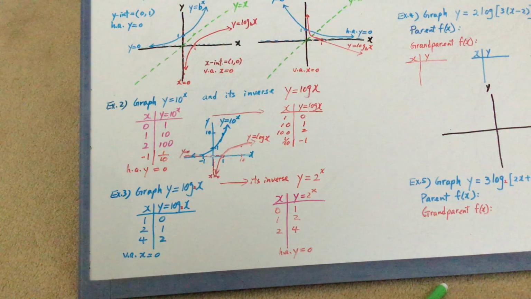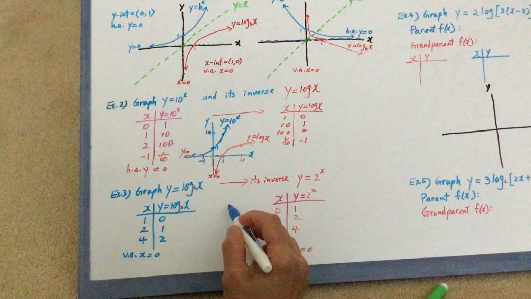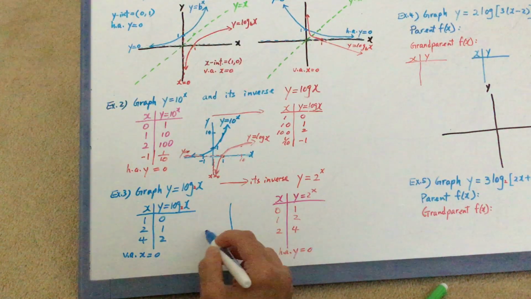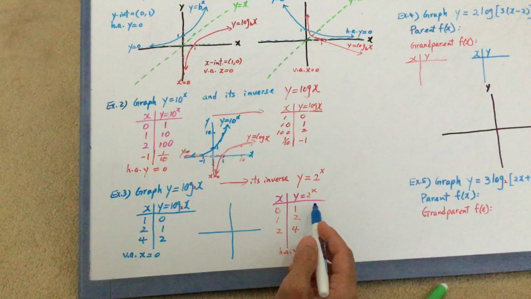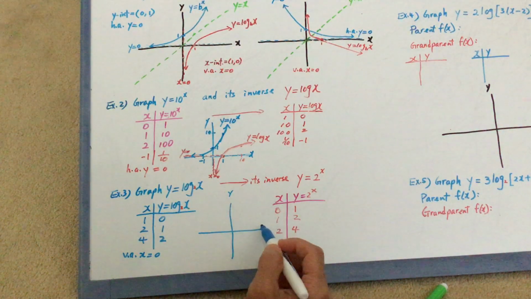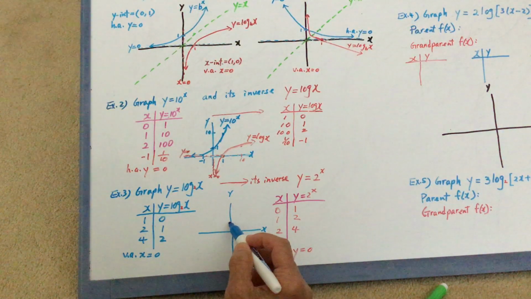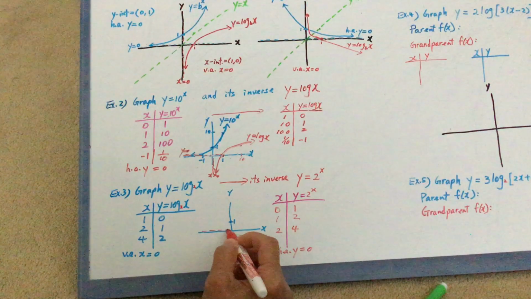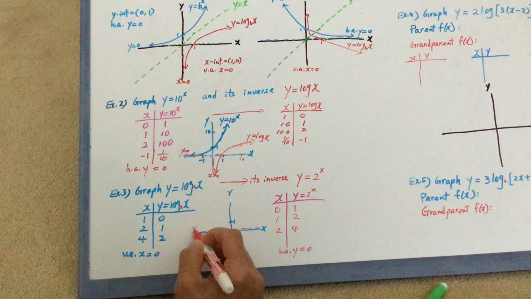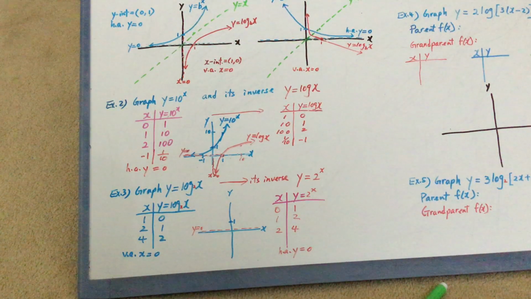So if you want to do this graph quickly, okay, down here, you know that I will always do my exponential one first. So when I get a 0, 1, I get here. And I also have my horizontal asymptote at y equal to 0.